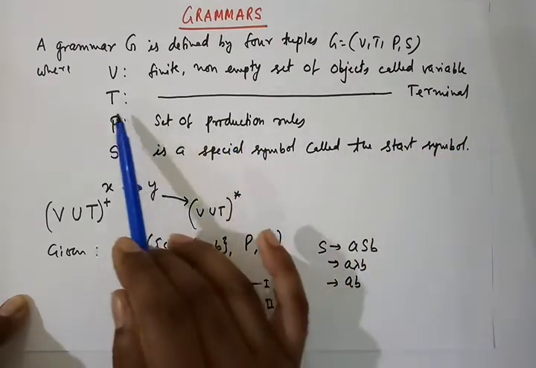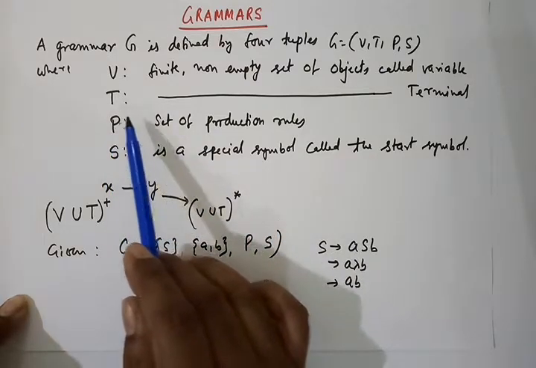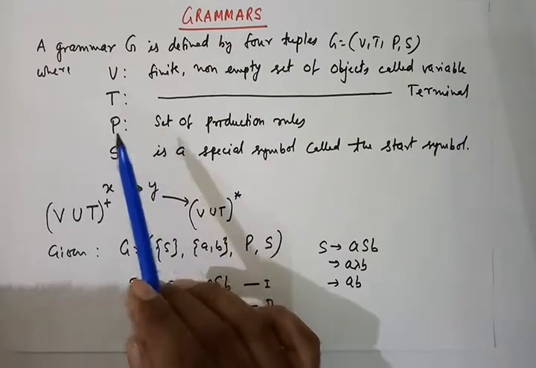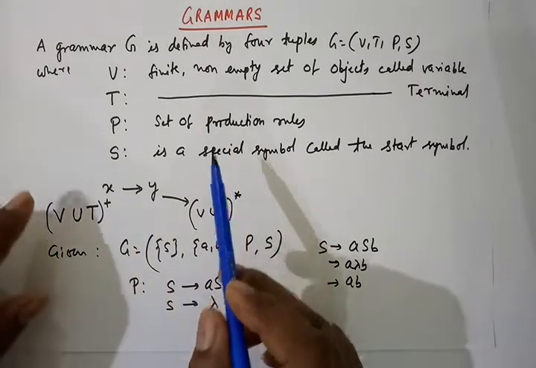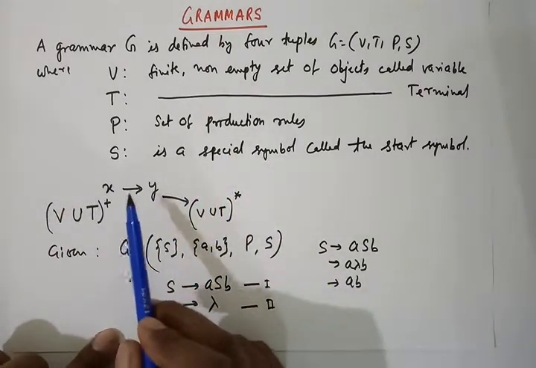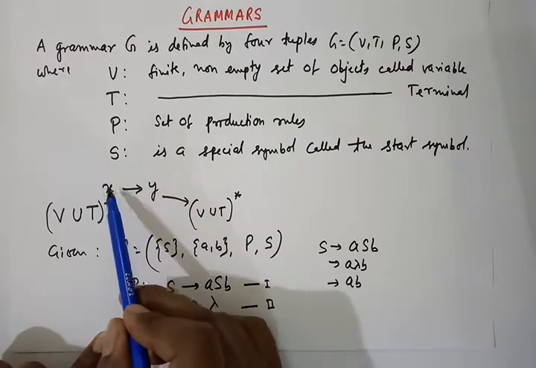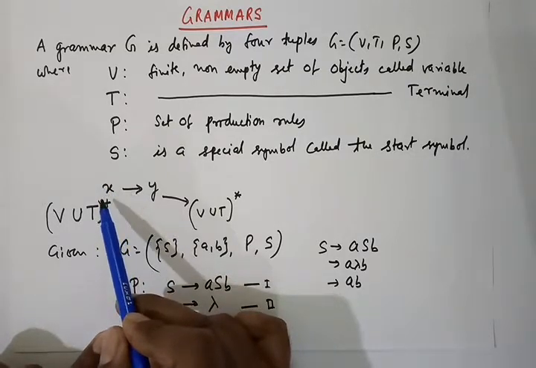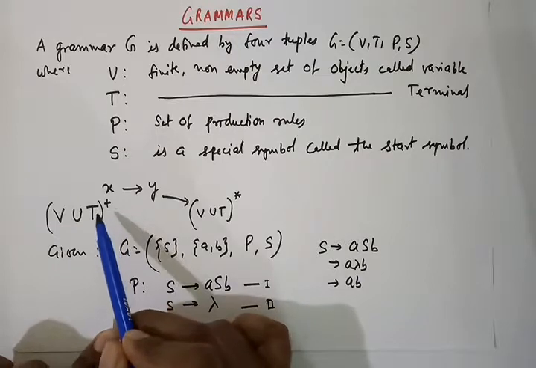Now, for a grammar, this P, that is the set of production rules, is the most important component. This P has the general form x derives y, where the left hand side, that is x, can be either a variable or terminal symbol, but it cannot be null.